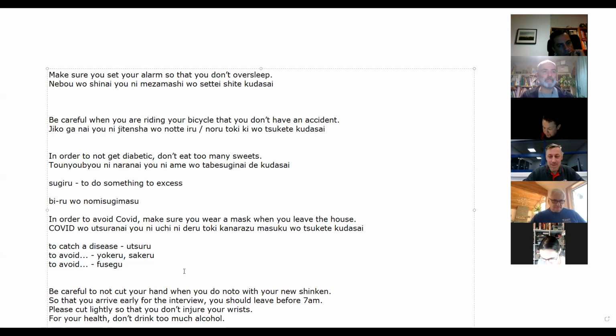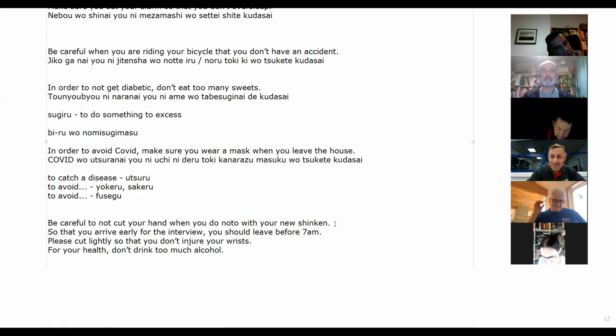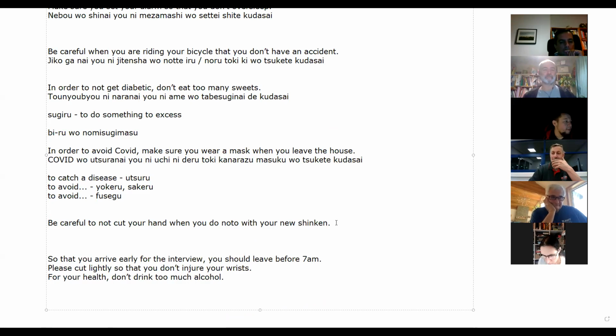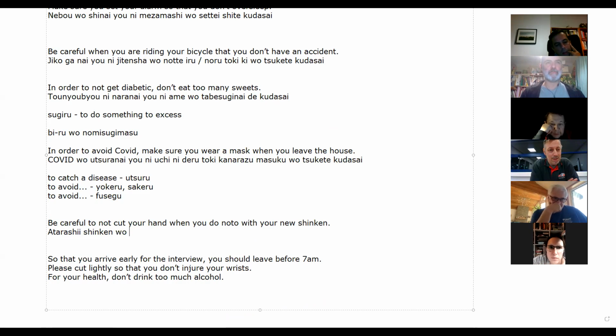Cool. Martin, be careful to not cut your hand when you do noto with your new shinken. Atarashi shinken.